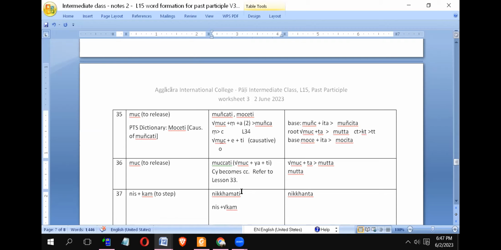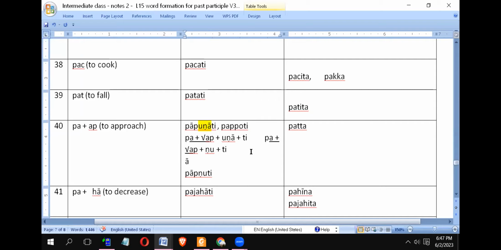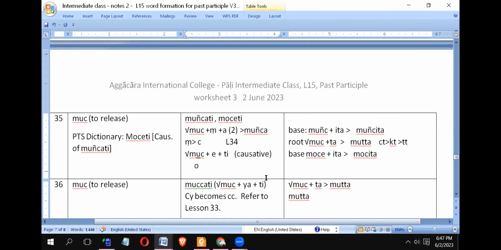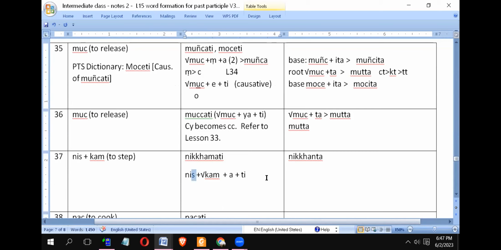Here kam, then plus ati. Nis plus a plus ti. So it's a conjugation one. Okay. So this one, change it to double K, Nikkh plus the H. So KKH. Yes.